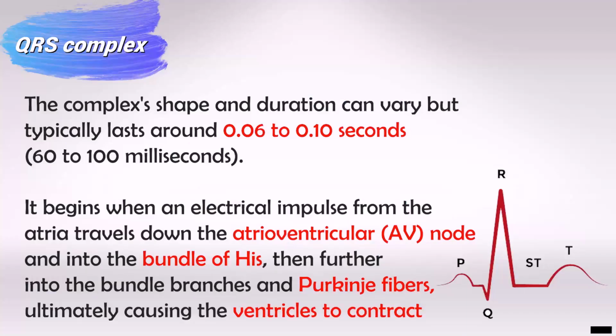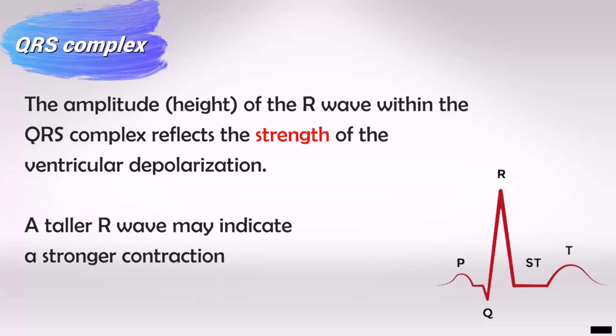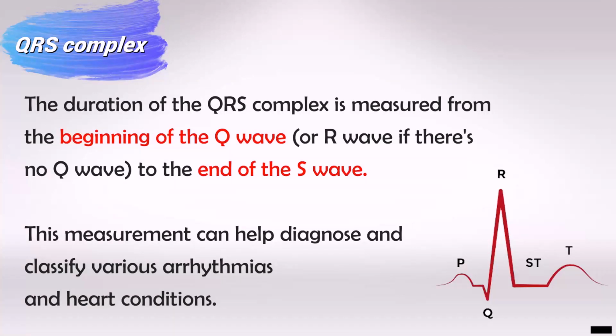glows quite well. It will be masked by the QRS complex. The normal duration of a QRS complex is 60 to 100 milliseconds. The higher the QRS complex, the stronger the contraction. This is simply the voltage. The higher the R wave of the QRS complex, the higher the voltage, and this indicates a stronger contraction. So remember, the QRS complex indicates the contraction of the ventricles, but it also hides the relaxation of the atrium.